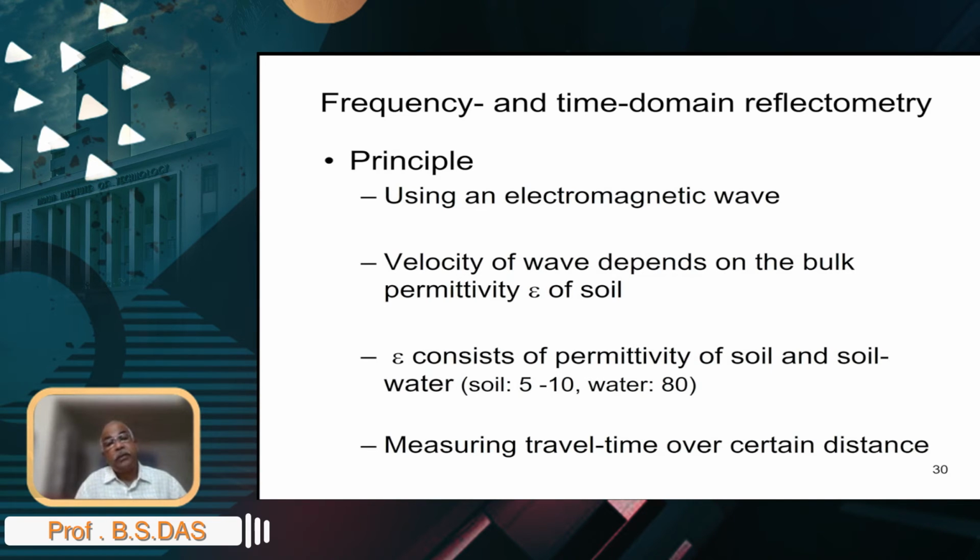Air is about 1, water is about 80, and so when you have a mixed medium, you could get the dielectric constant of water, dielectric constant of the soil, dielectric constant of the air, and so you could set up some kind of a dielectric mixing model to back calculate how much water is present from the bulk dielectric constant measurement, right?